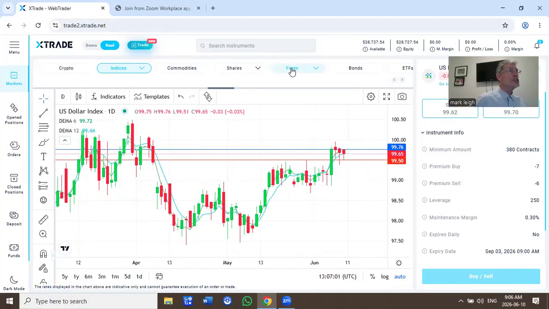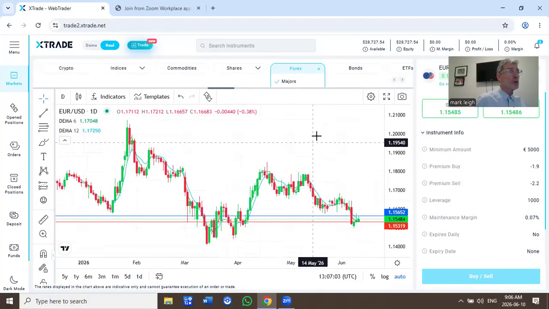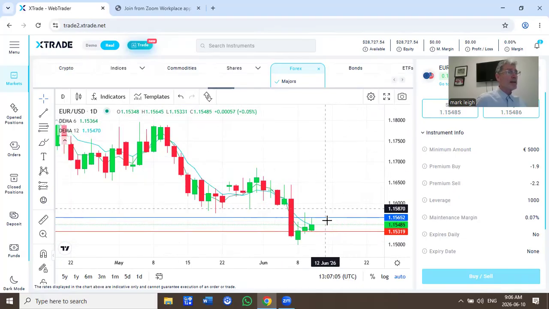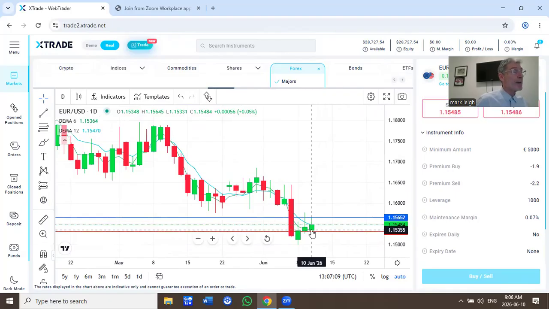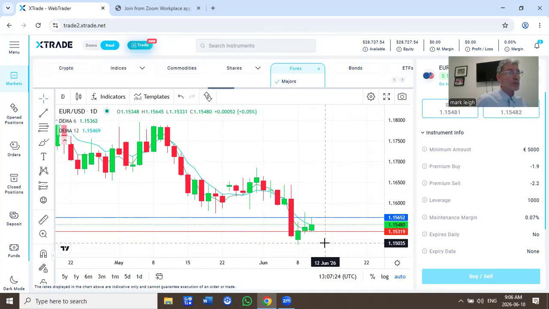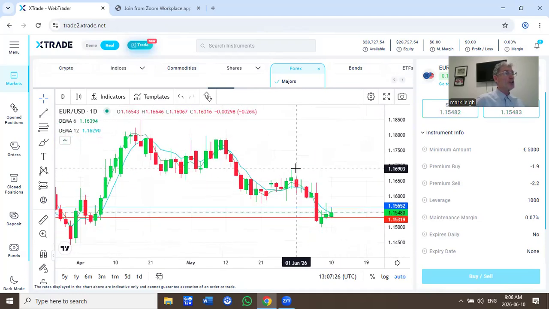Let's have a look at the majors, starting on the Euro US. And there you see was a solid green candlestick, buying euro, selling US dollar, weak US dollar. There's the fight back, the wick left behind, that's selling euro, buying US dollar fighting its way back. Intraday resistance 115.65, and I've got support at 115.31.